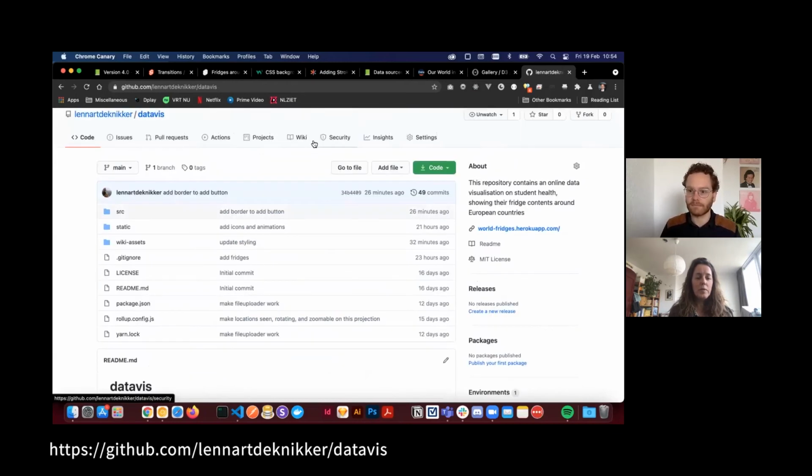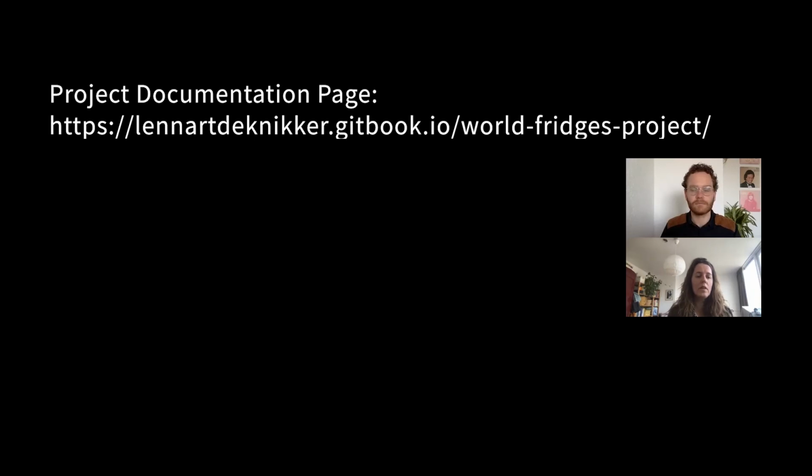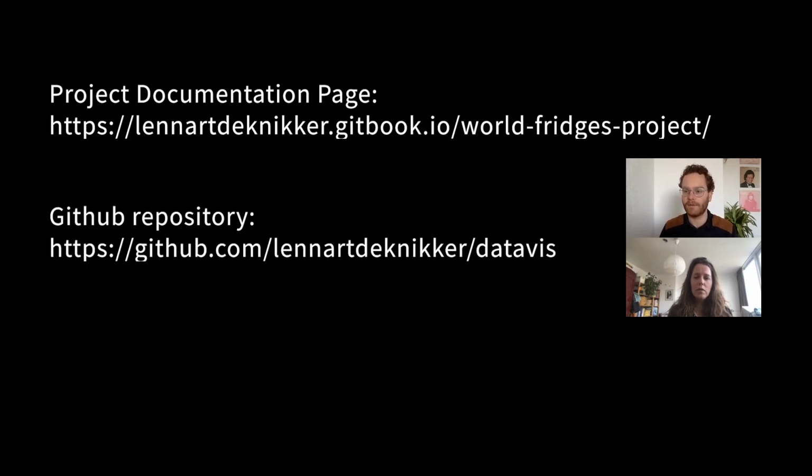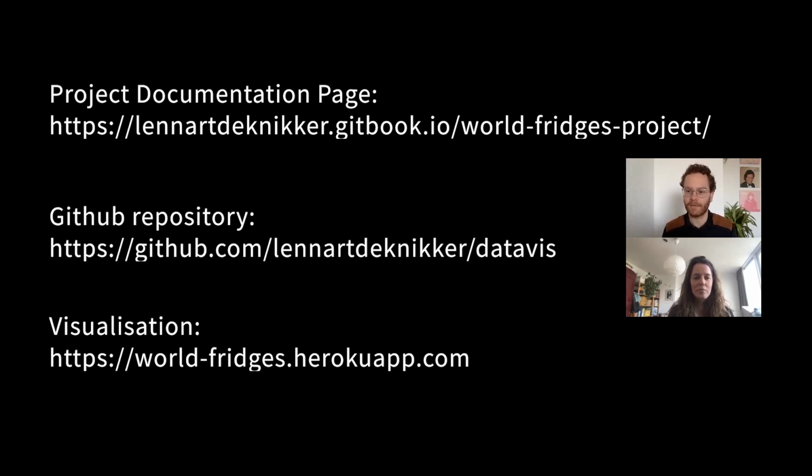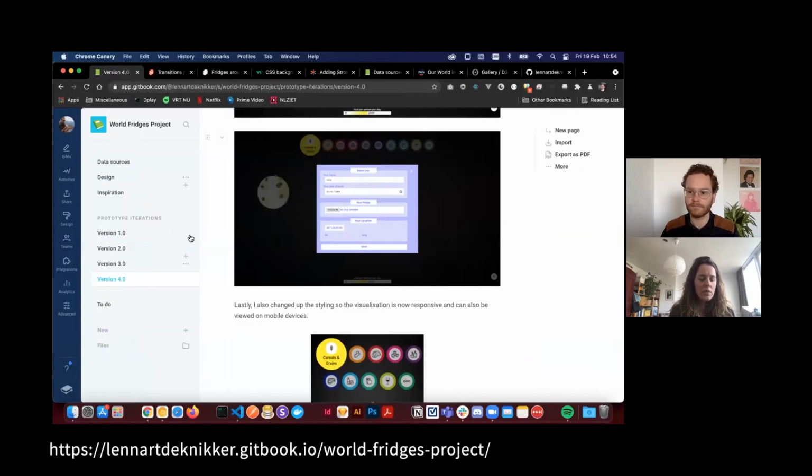So if people are interested in it, they can look at your project documentation page. We can share the link to the documentation, the link to the Github repository, and the link to the data visualization.